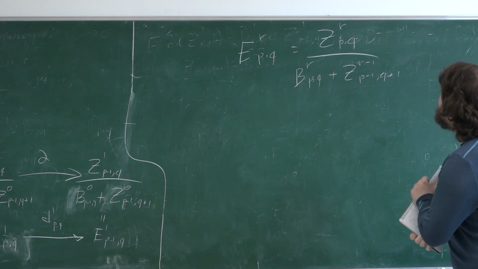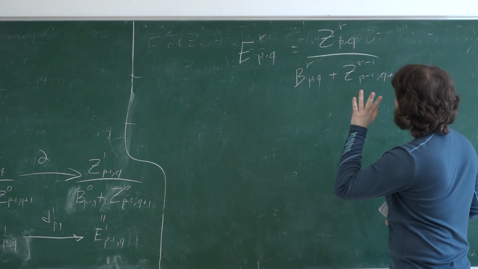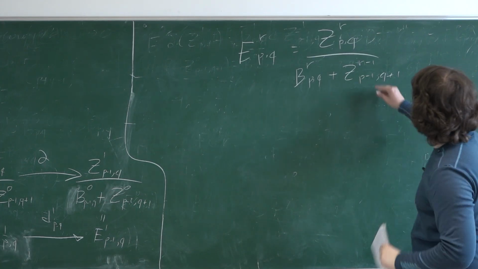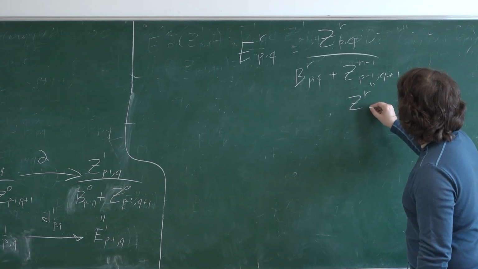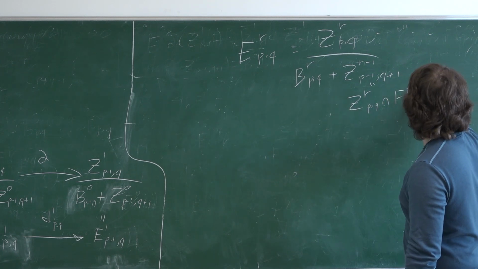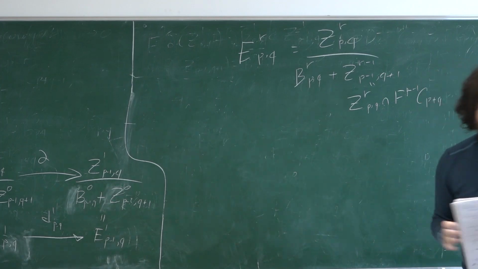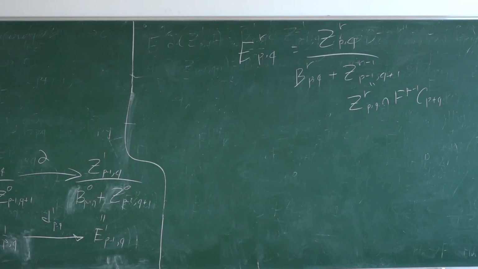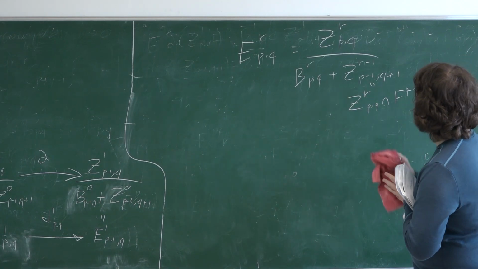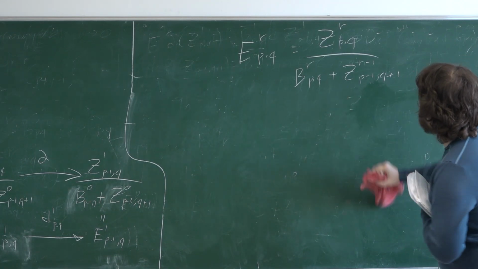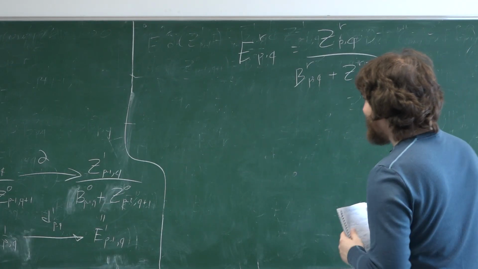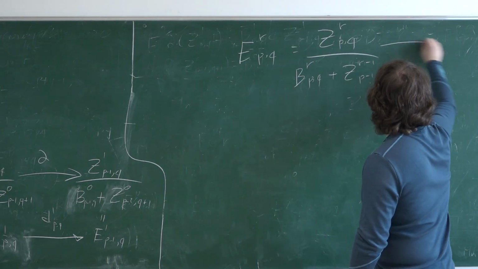So this is R cycles, modulo R boundaries, and modulo R cycles which are in the previous filtration. I don't want to consider the previous filtration in this step, so I quotient by this. And by the same rule, I have the same differential.